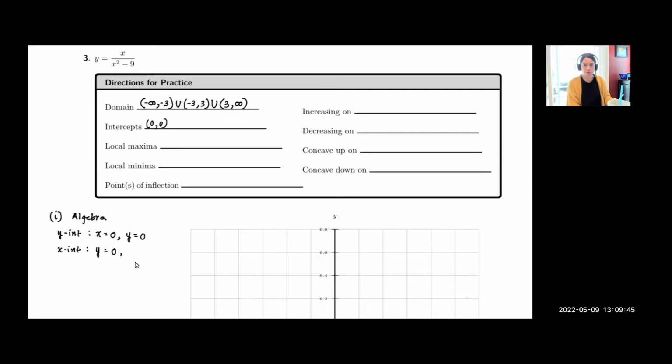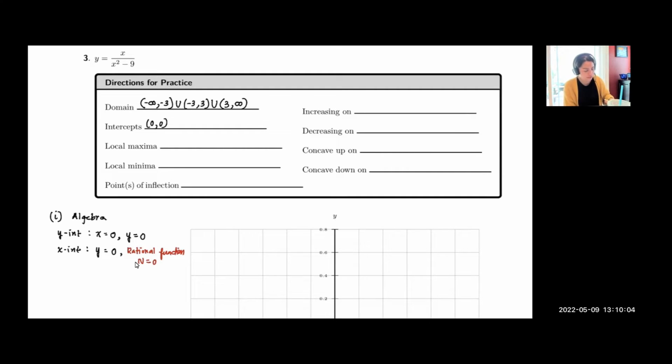However, with rational functions, I'm going to write this down. With rational functions, the function is 0 where the numerator is 0. The rational function's undefined when the denominator is 0. We recall this from our algebra.